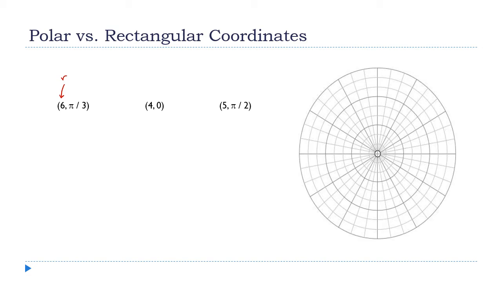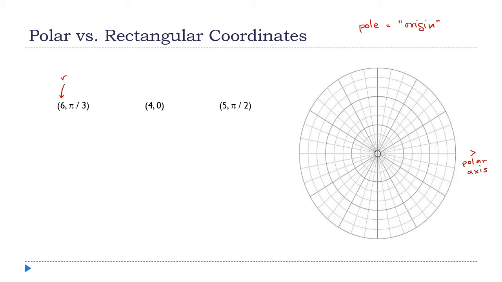There are some names here. The center is called the pole. That's what would be the origin in our Cartesian system. And there's only one axis here. It's this line going out to the right from the pole, and it's called the polar axis.